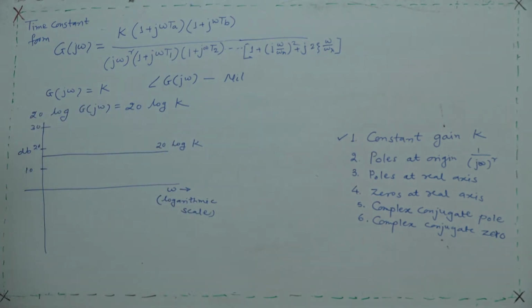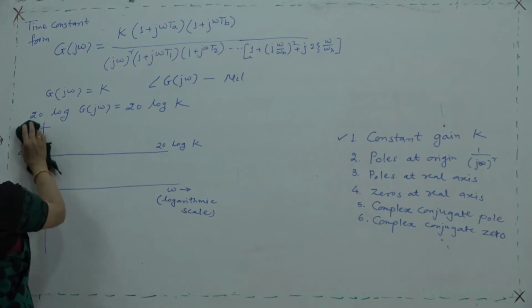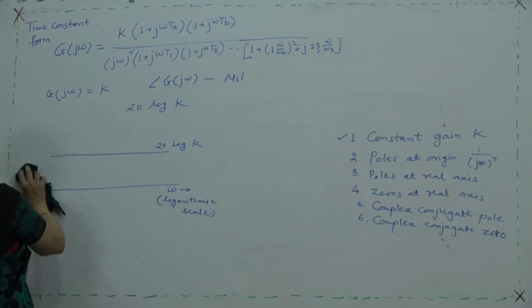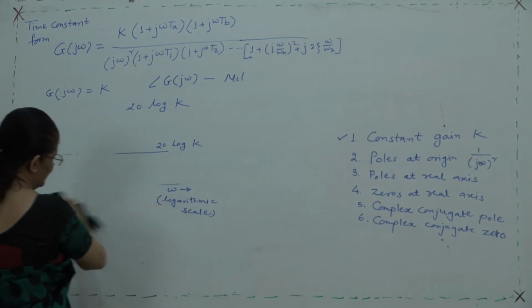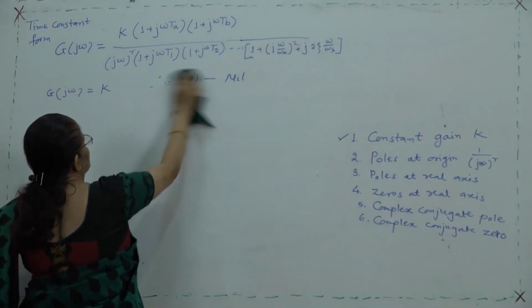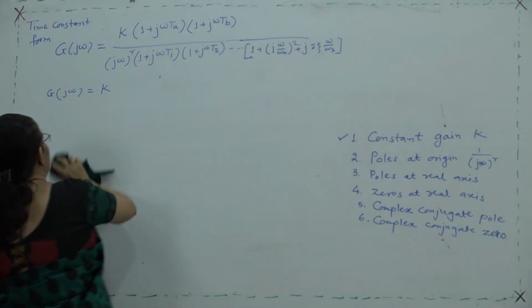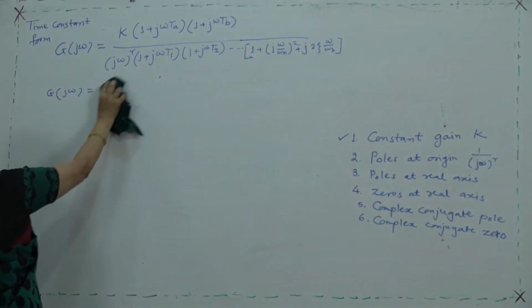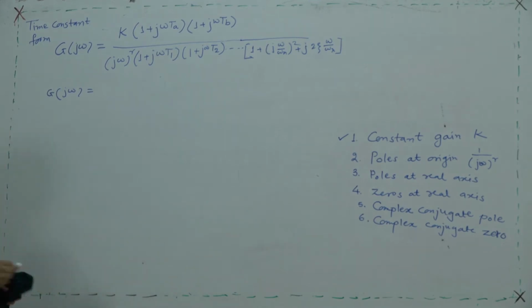Now, consider poles at origin, j omega raised to r. Okay. So, first we will consider a single pole and then we will consider r poles at origin. If I am considering a single pole at origin, what is your function?